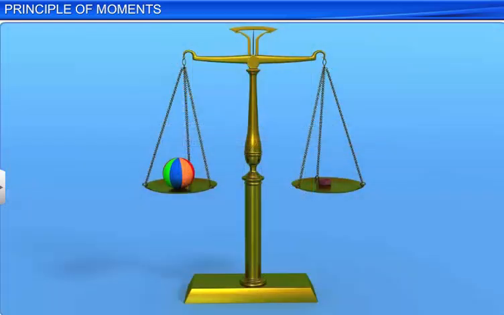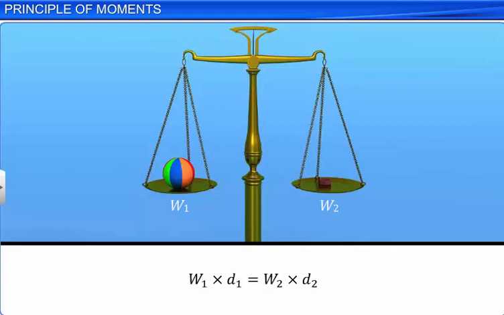A physical balance works on the principle of moments. If W1 is the weight of the object in the left pan and W2 is the weight of the weighing stone in the right pan of a balance, and the beam of the balance is horizontal, then, according to the principle of moments, we should have W1 into D1 equal to W2 into D2.